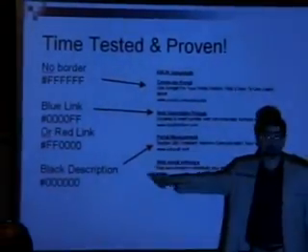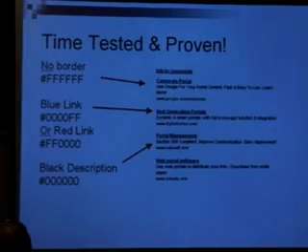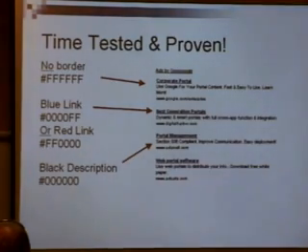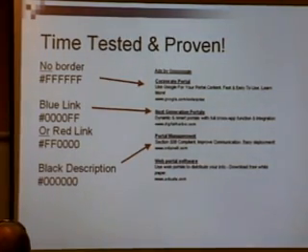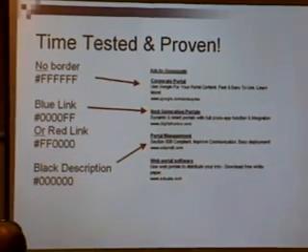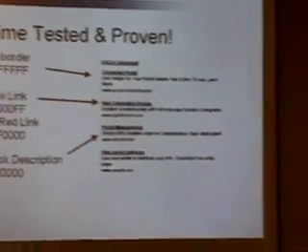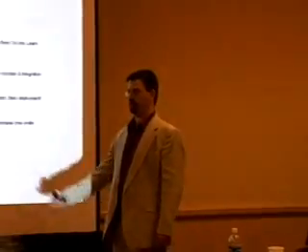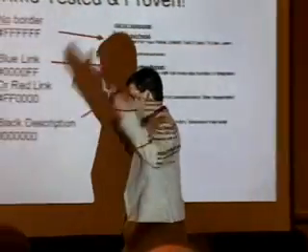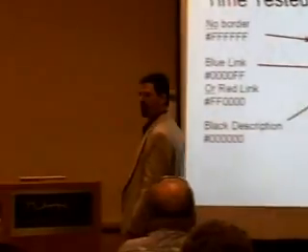Black for your product, for your ad description, 000000, or click the little black thing when you go for description. Black on white is easiest to read. By the way, if you've got a website and you're using white text on a black background, or orange text on, I don't know, a purple background, or something else really clever, you might even come up with a color scheme that is attractive to the eye.